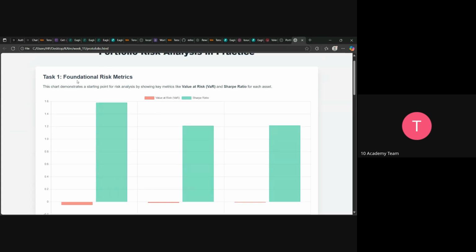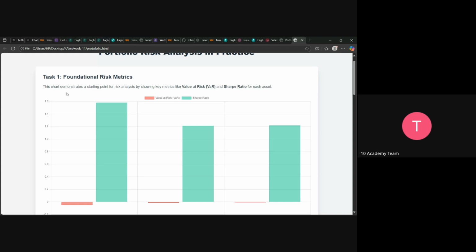So here, foundational risk metrics. Here we are trying to demonstrate a starting point for risk analysis by showing key metrics like the value at risk and the Sharpe ratio for each asset. As we have mentioned on the slide, the value at risk will tell us a specific number of risks at a specific confidence level.